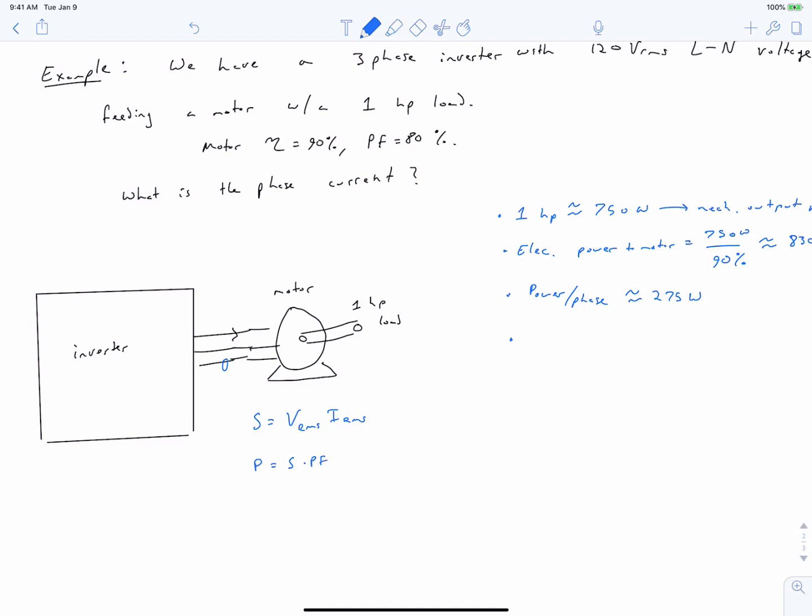So in this system, we can determine our volt ampere input, which is our apparent power, as being our power per phase divided by the power factor, which is 80%. And that gives us an apparent power of about 345 volt amperes per phase. And then we can relate this back to current input by this expression right here.